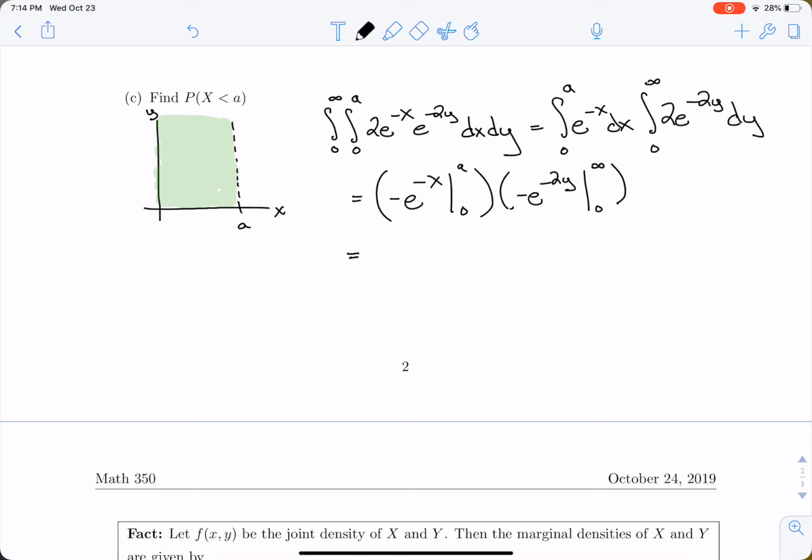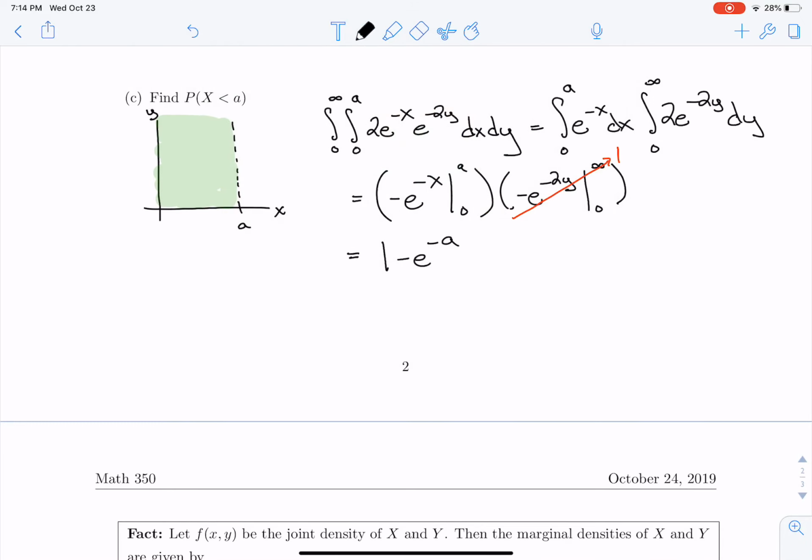The first part of the integral becomes 1 minus e to the minus a. And the second part, if I evaluate it at infinity, I will get 0. And if I evaluate it at 0, I will get a 1.